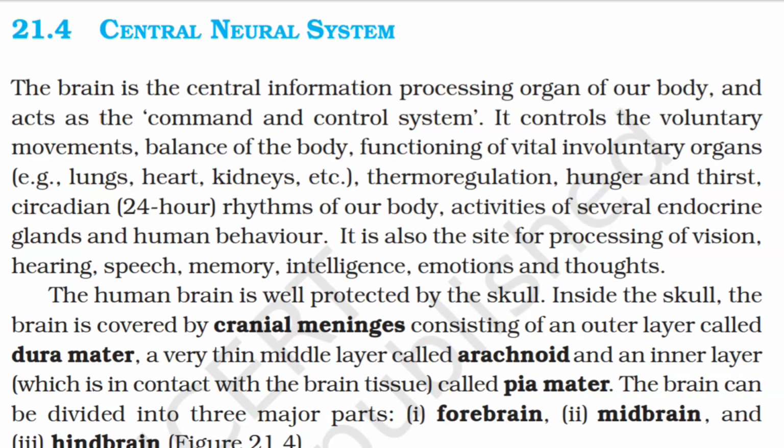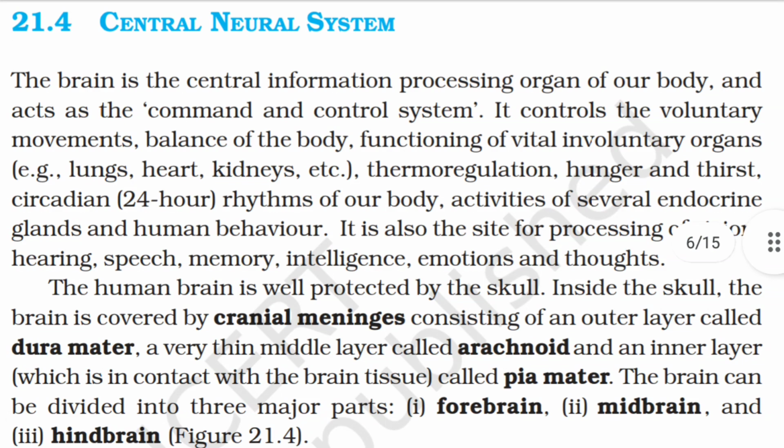It controls the voluntary movements, balance of the body, functioning of vital involuntary organs, for example lungs, heart, kidneys, etc., thermoregulation, hunger and thirst, circadian rhythms of our body, that is 24-hour rhythms of our body, activities of several endocrine glands, and human behavior. It is also the site for processing of vision, hearing, speech, memory, intelligence, emotions, and thoughts.